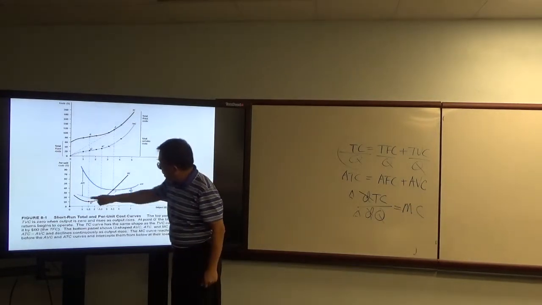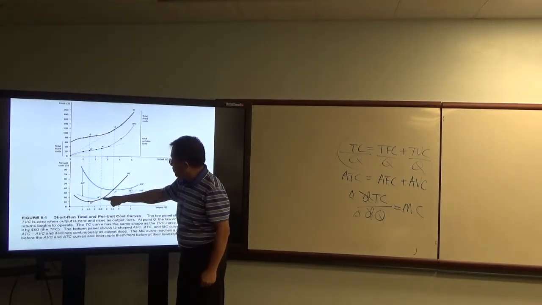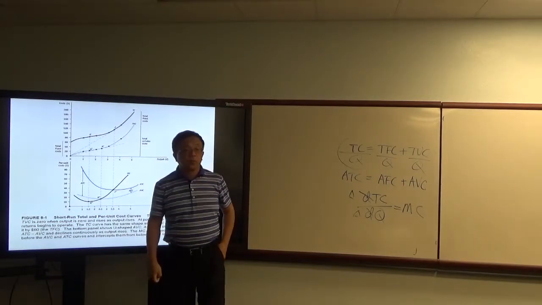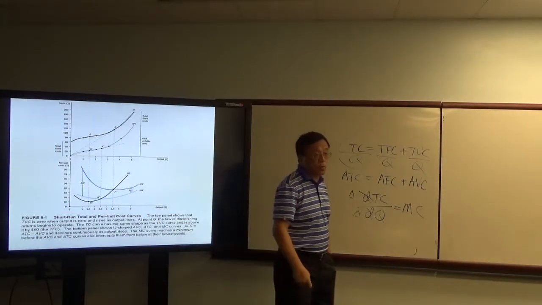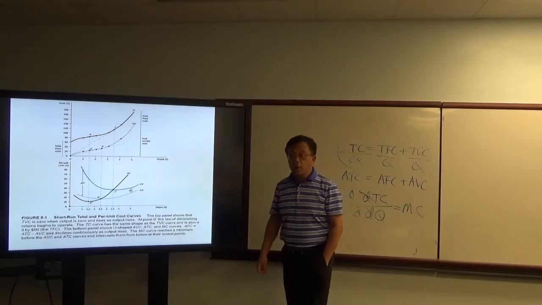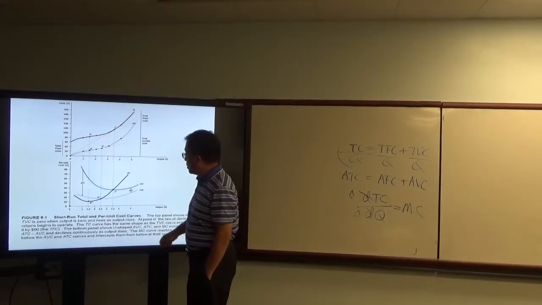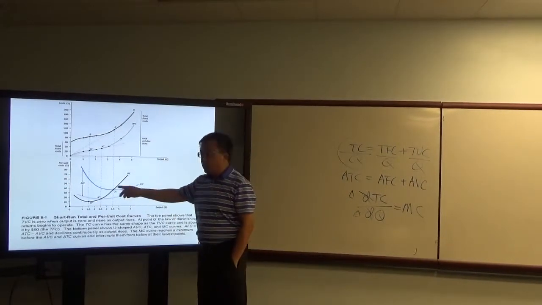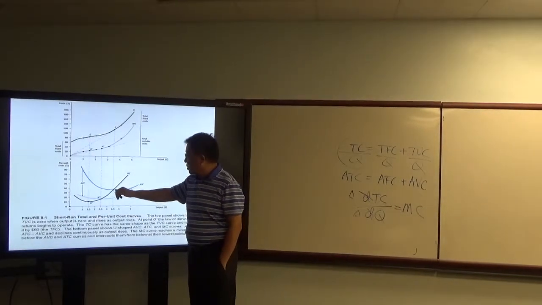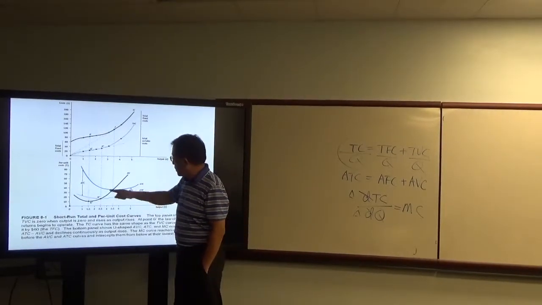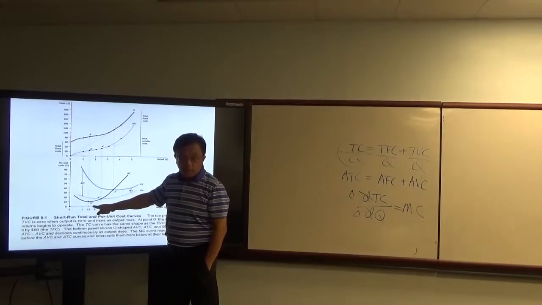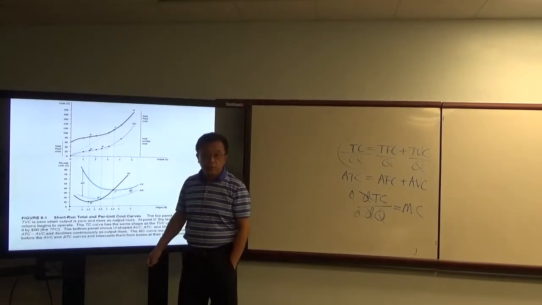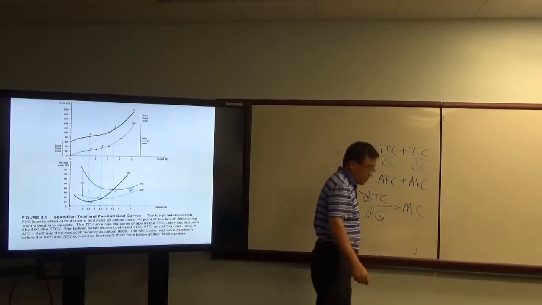And remember the marginal cost curve passes through the two minimum points of the average total cost and the average variable cost. I remember I explained why the marginal cost curve passes through the minimum point of the average total cost and also the average variable cost. Maybe I should just repeat quickly.